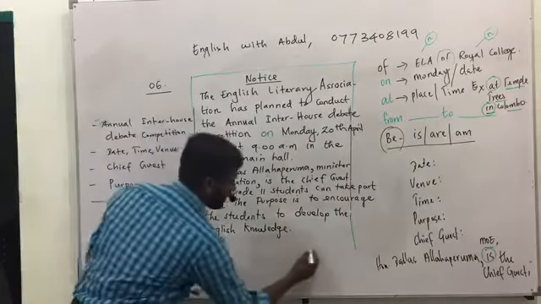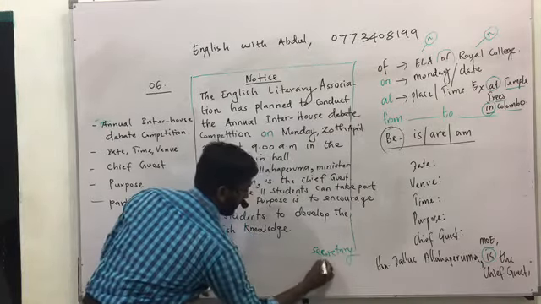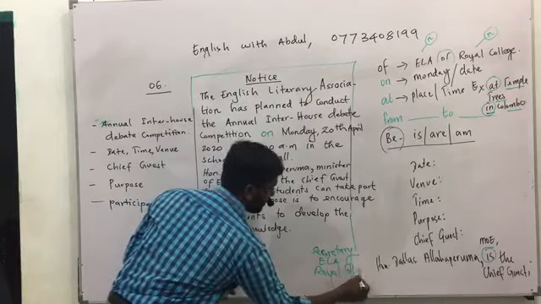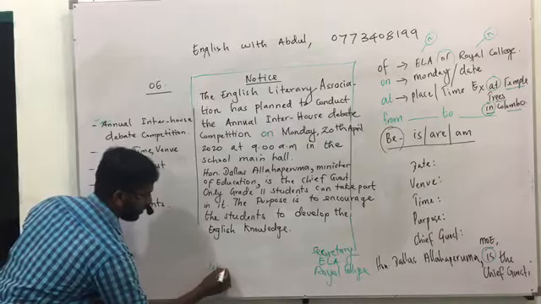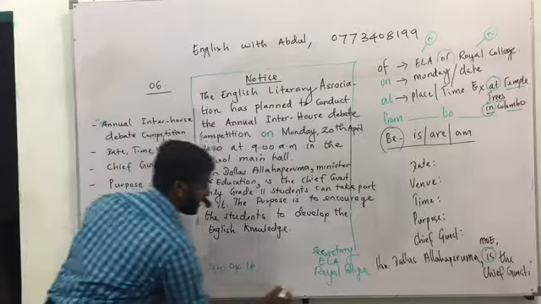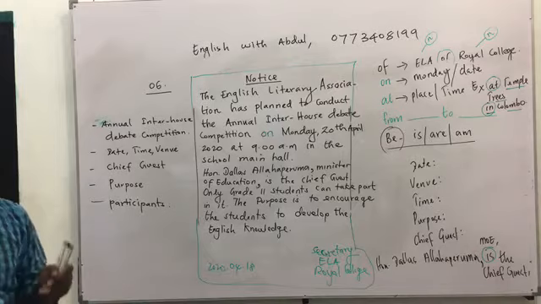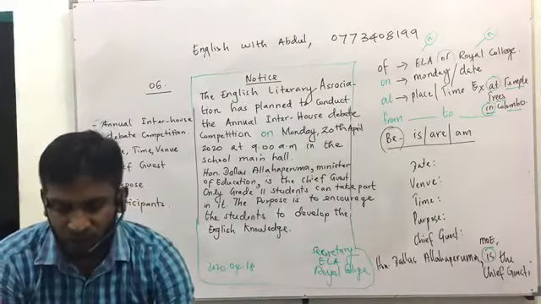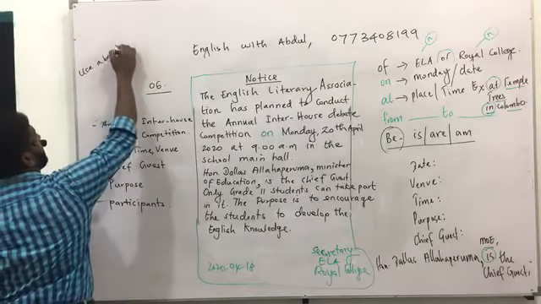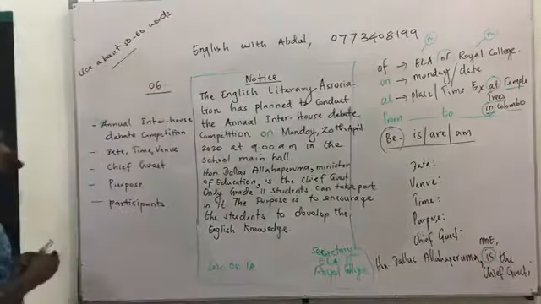Earlier I have written here Secretary, English Literary Association, Royal College. Here I have put the date 2020 April 18th. So this is the format when you write a notice, right? It is a little bit of a lengthy one. So sometimes you may be asked like this, use about 50 to 60 words. So then you can write on this.